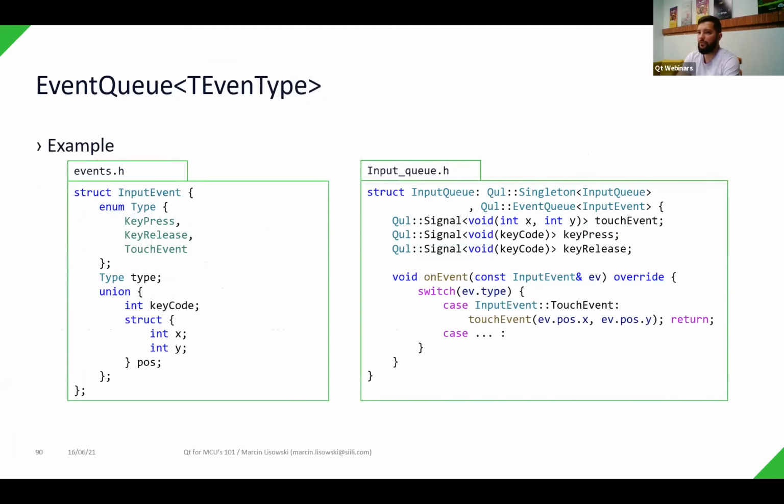Well, here is an example of the event queue. There is an input event defined on the left side, and the type of that event is defined inside the struct.